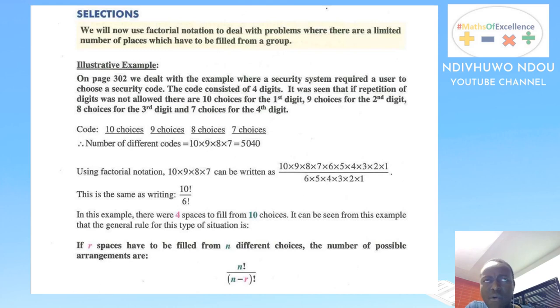For example, if I have a group of 5 learners, but I want to see in how many ways I can arrange 3 of them from those 5 learners. So you can see, we deal with a limited number of places which can be filled from a group.